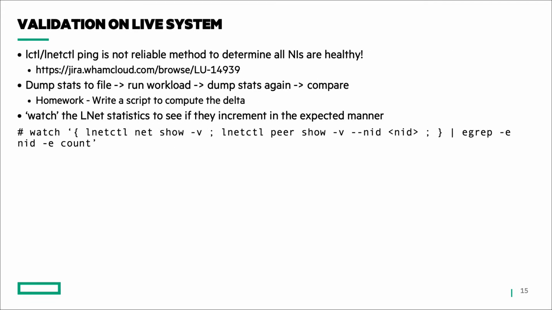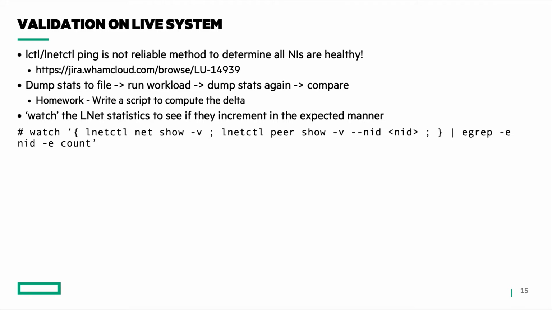So that ties into just a couple tips on validating our live system. Again, the ping commands are not reliable, but I have noted this LU ticket 14939 that proposes an enhancement to the lnetctl ping command, which allows you to specify a specific local interface that you want the ping command to be sent out of.